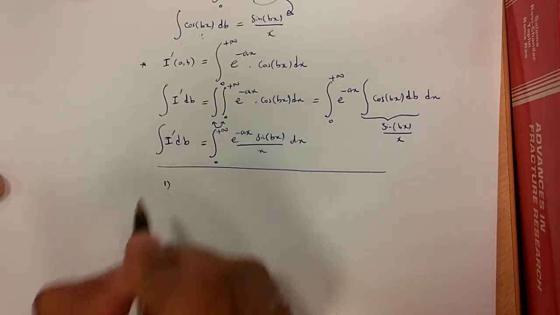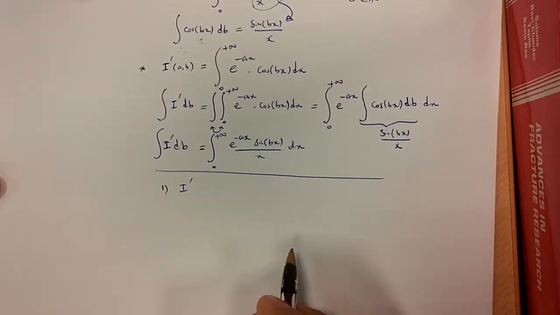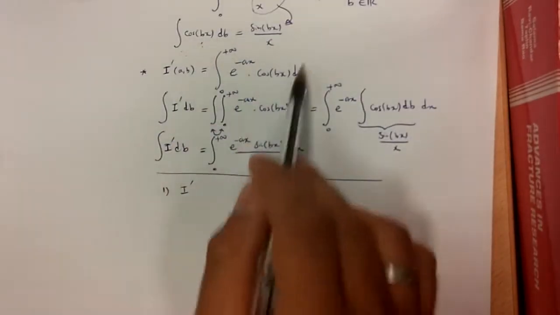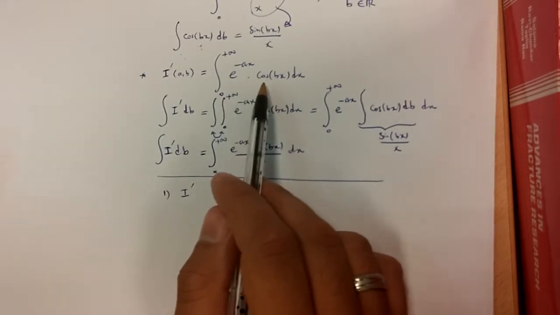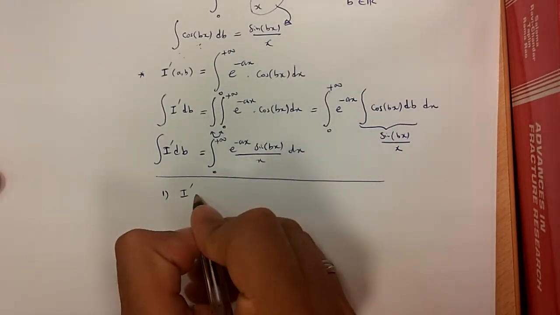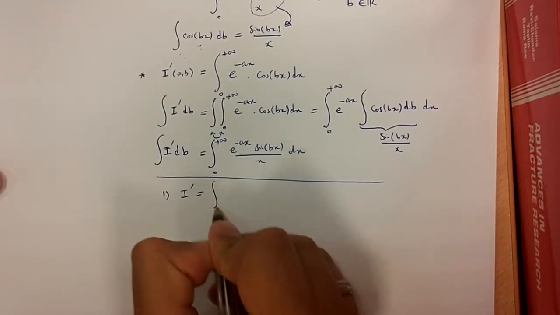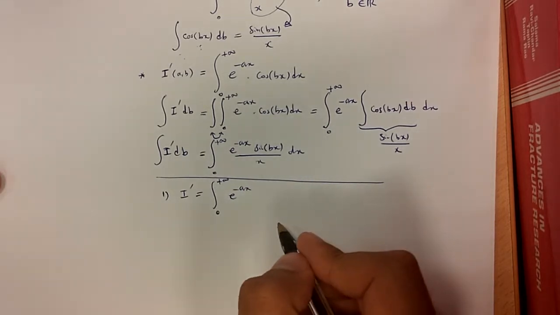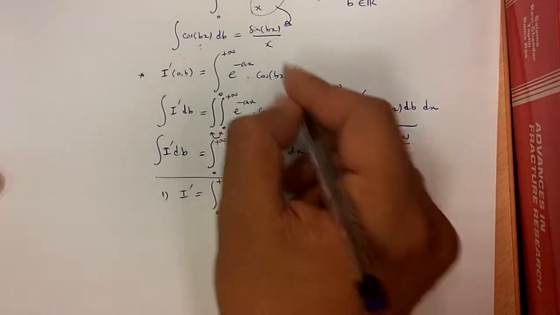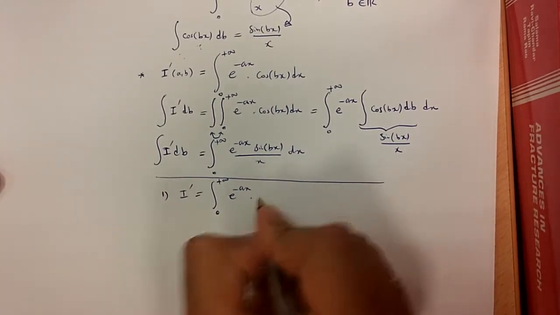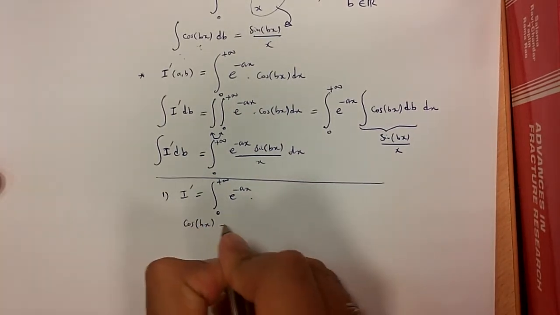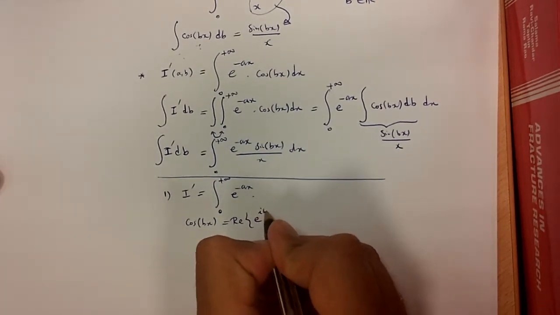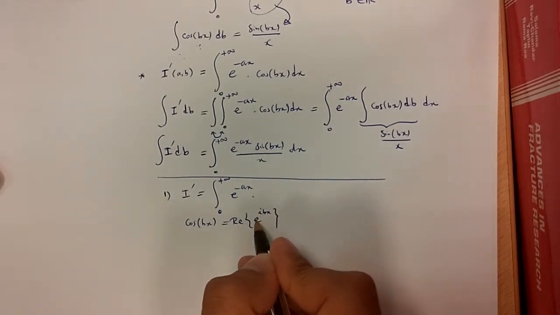Step one is to calculate I prime using either integration by parts twice, or more simply the complexifying of integrals. Cosine of bx is the real part of exponential of i bx, which is cosine of bx plus i sine bx.